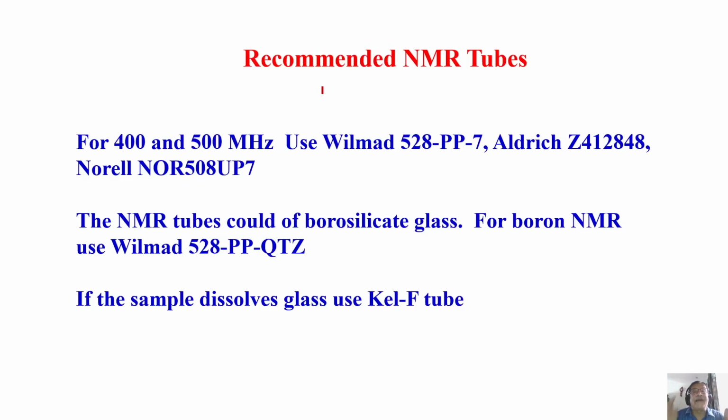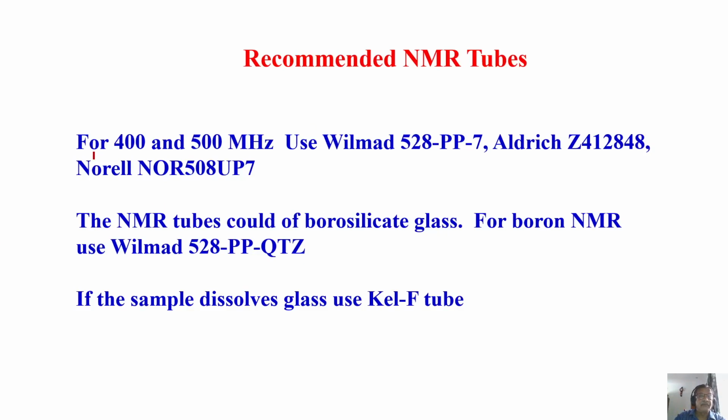You cannot take any NMR tube of your choice. But this has been already worked out. Many pioneers in this area have reported the optimum choice of NMR tubes for particular spectrometers, or particular frequency of the spectrometers.